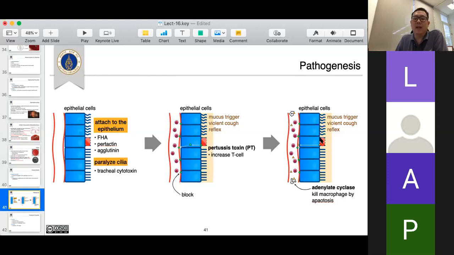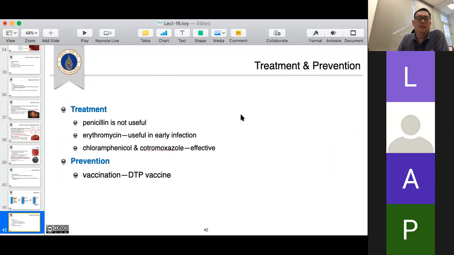Bacteria produce another thing called adenylate cyclase that kills macrophages by apoptosis. That makes bacteria win over the immune response. So finally, disease happens. So for treatment, penicillin is useful. Vaccine is DTP.